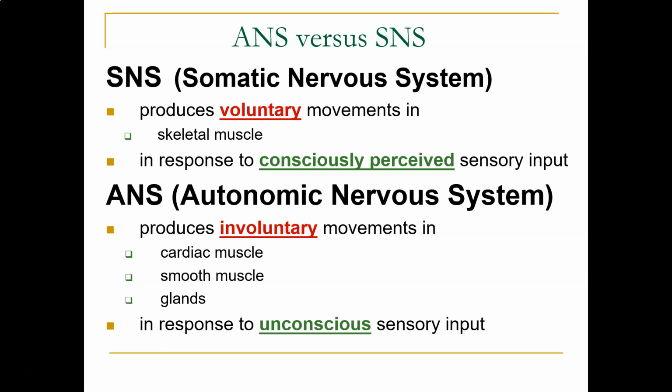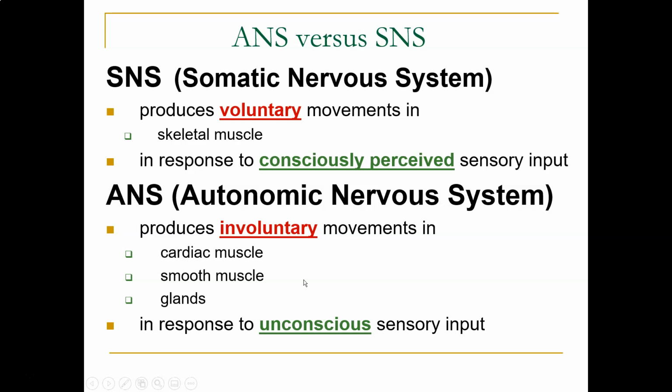The autonomic motor neurons control your viscera, your involuntary muscle, smooth muscle, which is in most of your visceral organs, the digestive tract and urinary tract, for example, and also glands are controlled by those motor neurons.